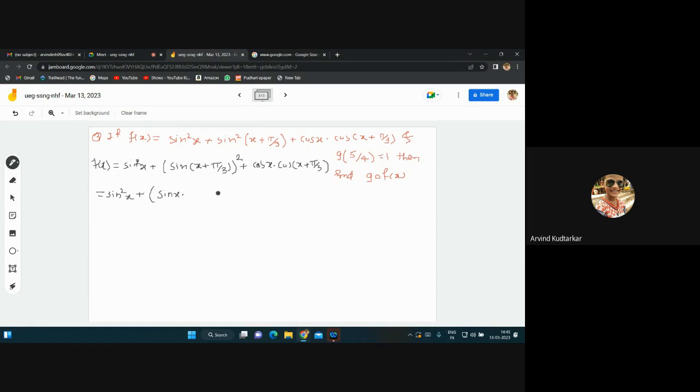Cos of pi by 3 means cos 60, it is 1 by 2. So I write these values directly. Plus cos a sin b, and sin of pi by 3 means sin 60, which is root of 3 by 2, whole square.